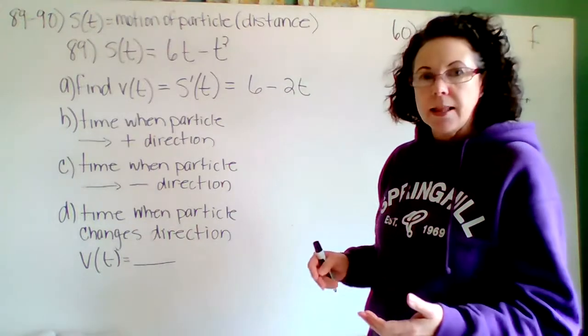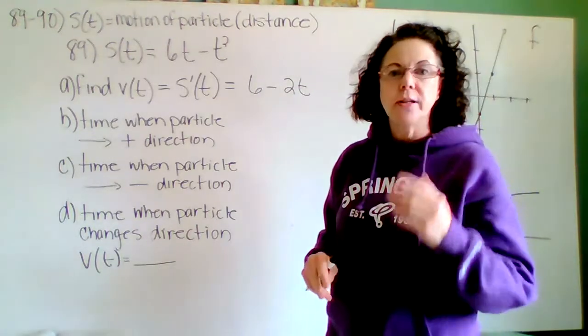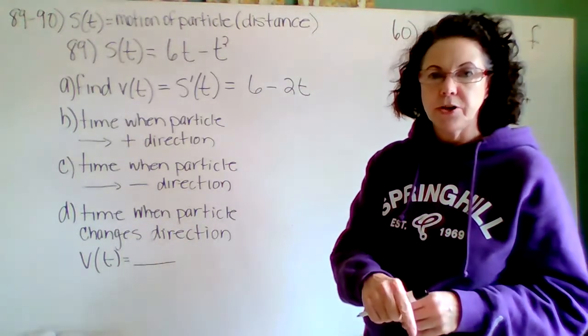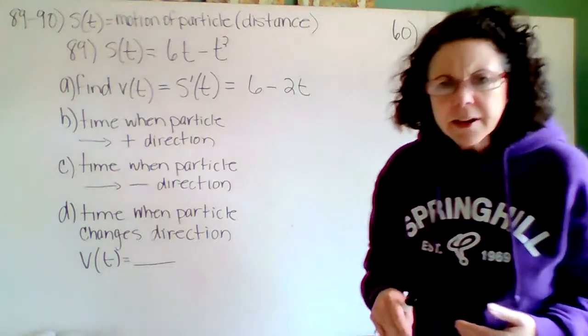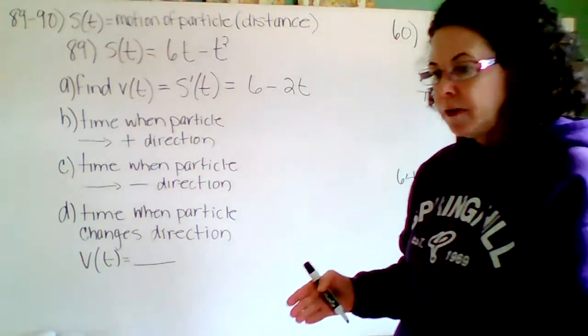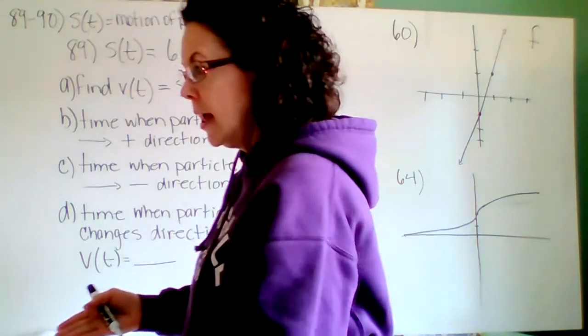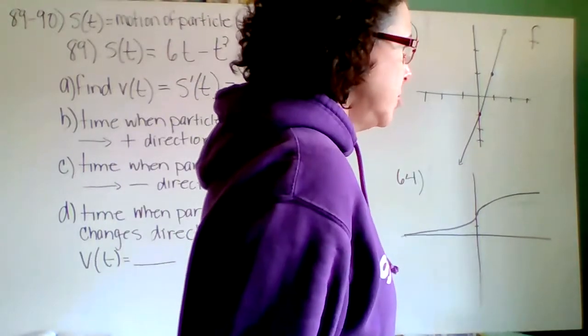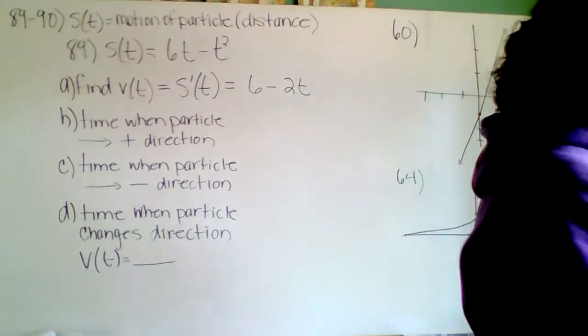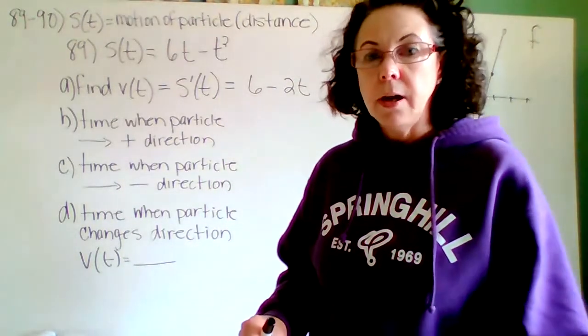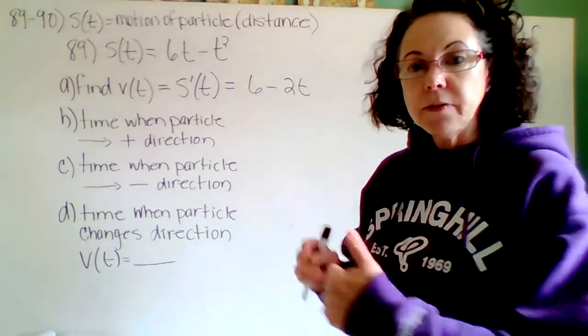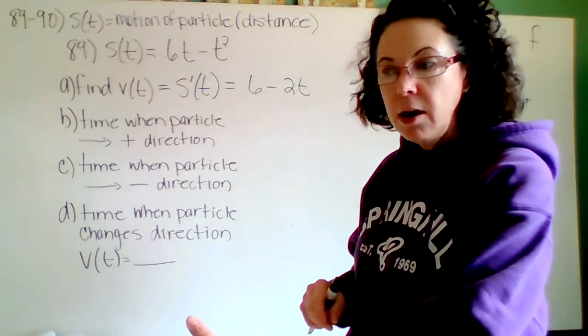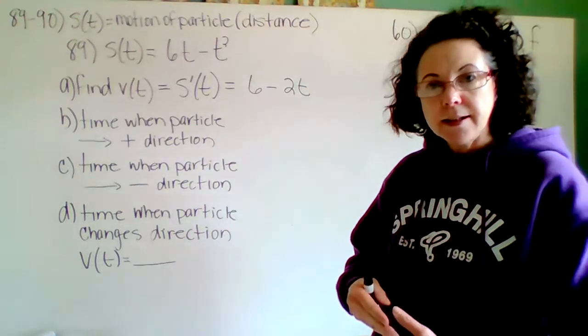Well, what's going on there when a particle changes direction is what's going on when you change direction, right? So if I am going in a certain direction, moving forward, and then I change direction, at that moment I either change from a positive velocity to a negative velocity or from a negative to a positive.